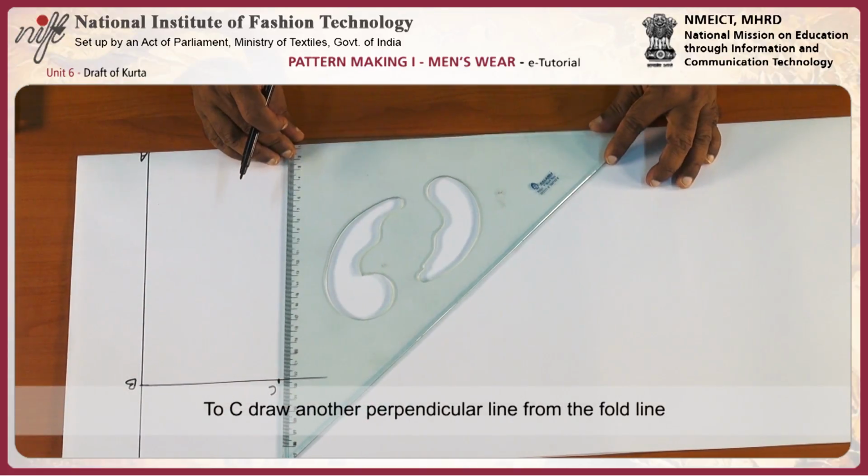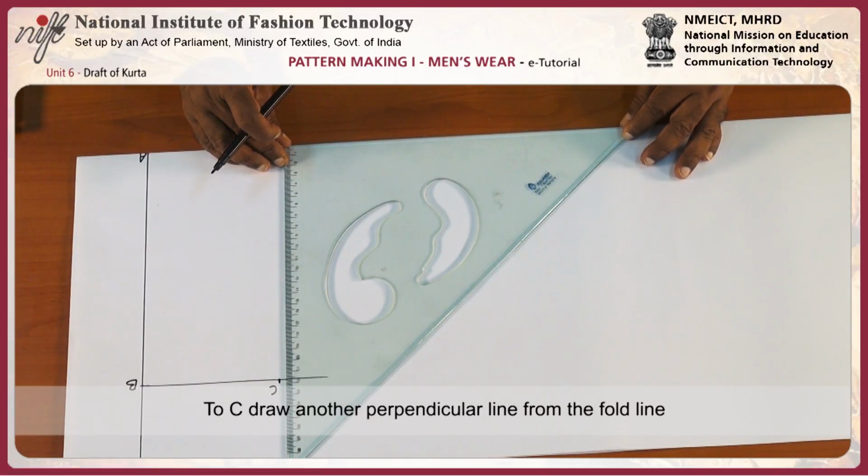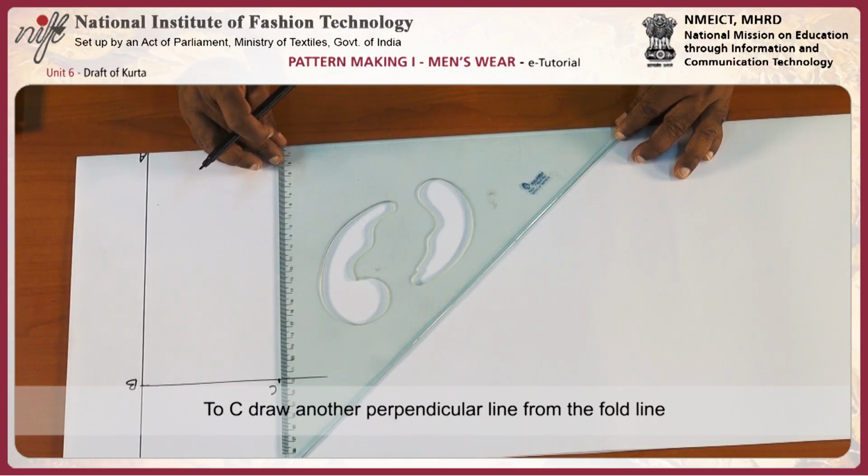To point C, draw another perpendicular line from the fold line.